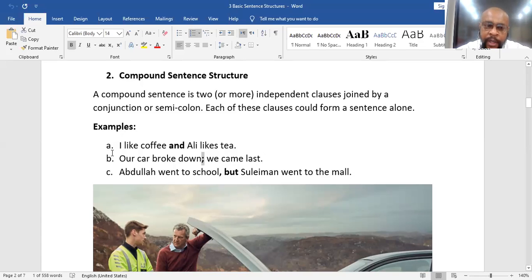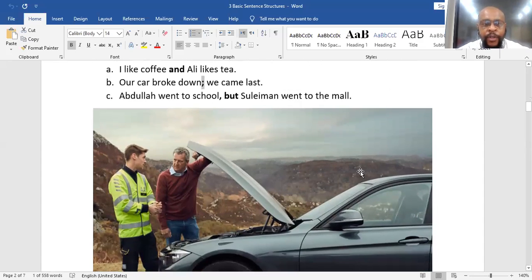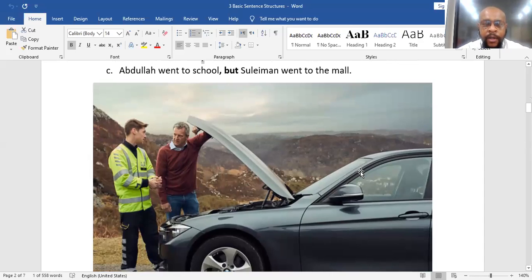For example, and I'll read the sentences here: I like coffee and Ali likes tea, right? So what you pretty much have there are two simple sentences joined by a conjunction, right? And would be the conjunction. Our car broke down; we came at last, and there's the picture of the broken down car.